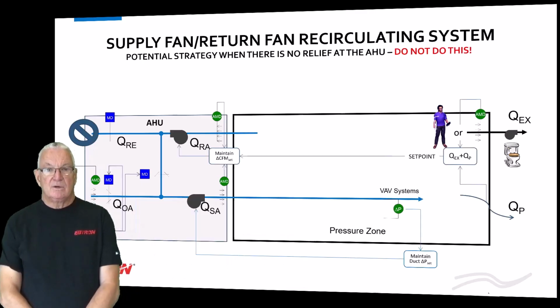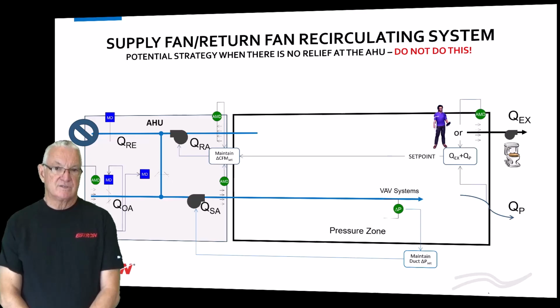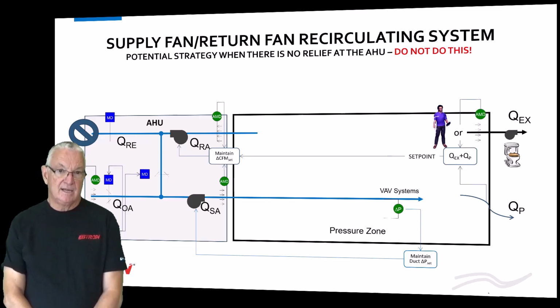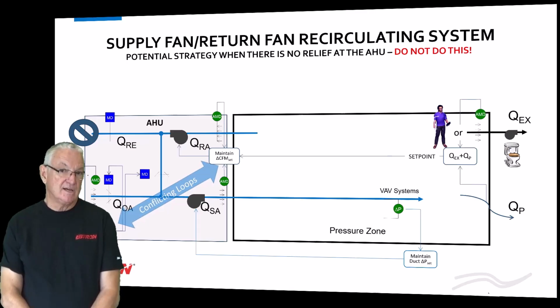Okay, now we do see this once in a while, and again, it's going to be a little tricky to do quickly. But once you've decided that you're going to do this flow, you're essentially using the supply and return flow meters for airflow tracking, okay? And if you try to do flow tracking and outside air control at the same time, and you have no relief at the air handler, okay, you end up having conflicting control loops, and they'll hunt.